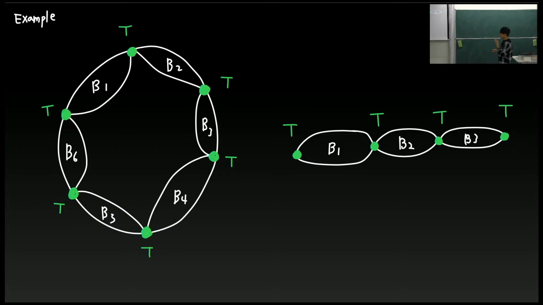So in this way, we prove the decomposition theorem. But I'm not going to talk in more detail because of the time limit, and I will focus on the proof of the excluded minor theorem.